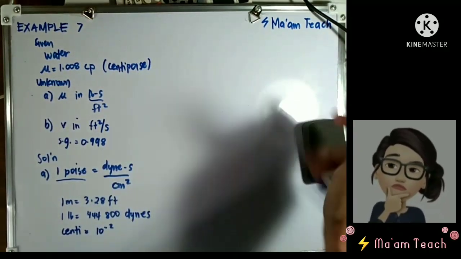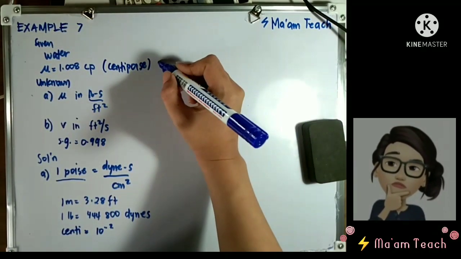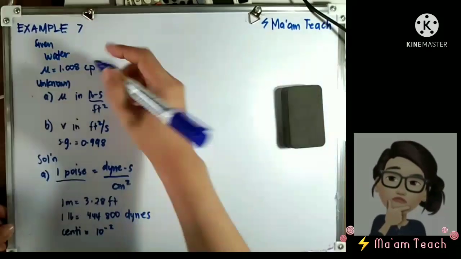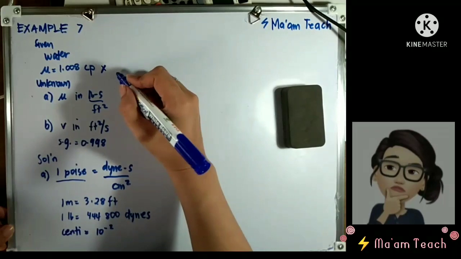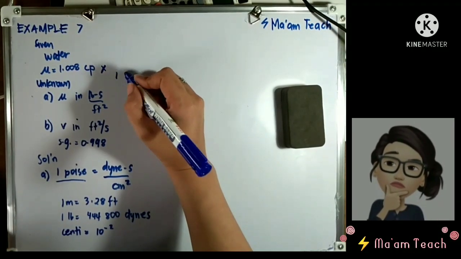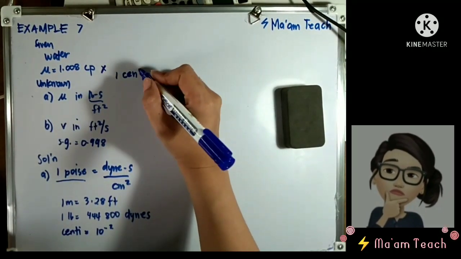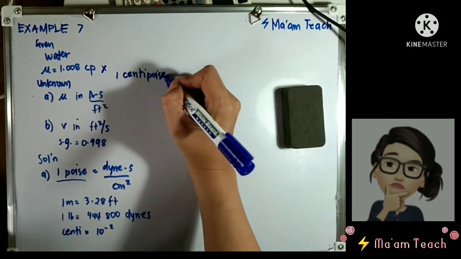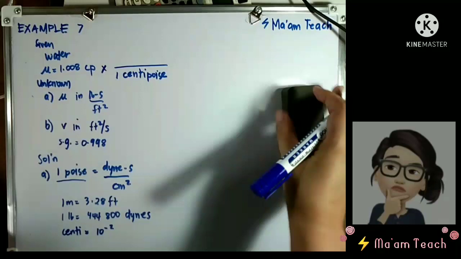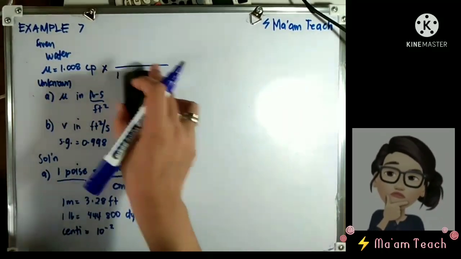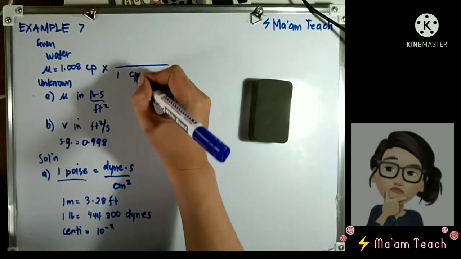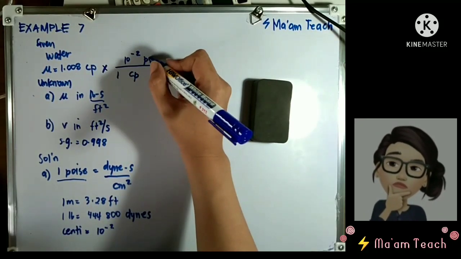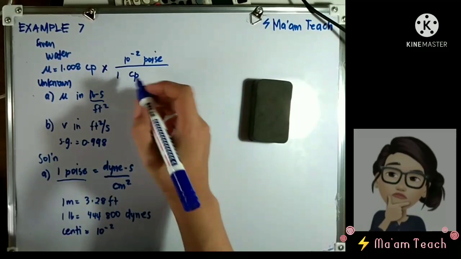So let us first convert this. 1 centipoise, or 1 cp, is 10 raised to negative 2 poise. Can you follow? They are just the same.